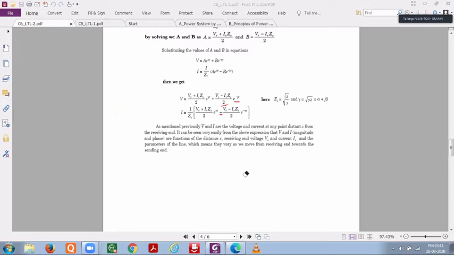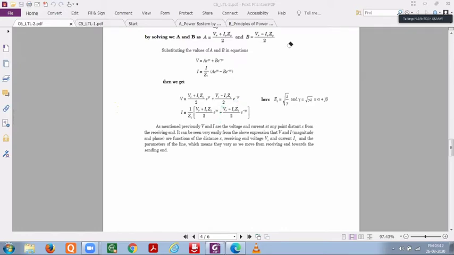So here the point we have considered is distance x, right? So these are the voltages at the distance x, okay? So when you know these voltages and currents, I can find my sending end voltage and sending end current. How to find? Yes, how to find?